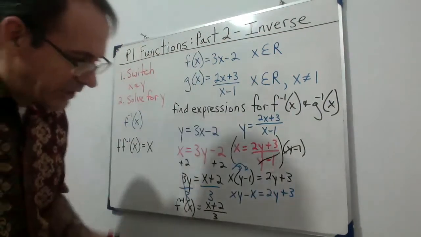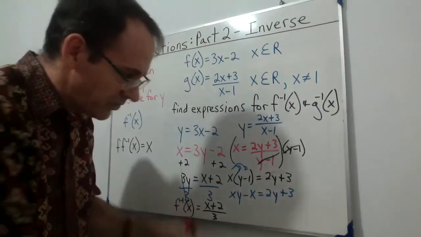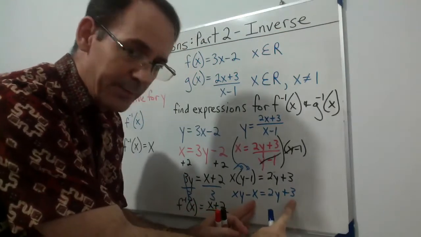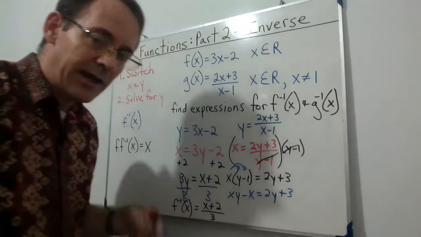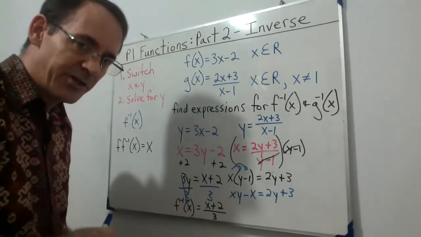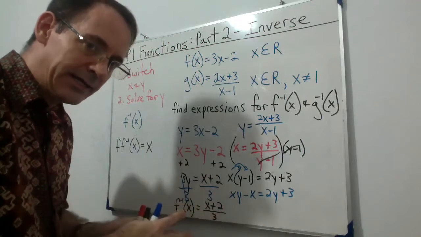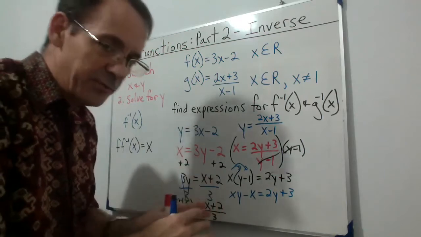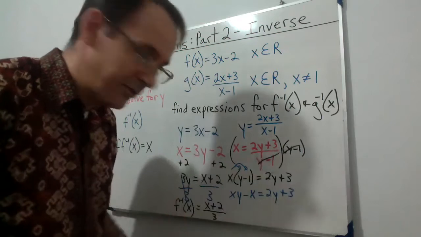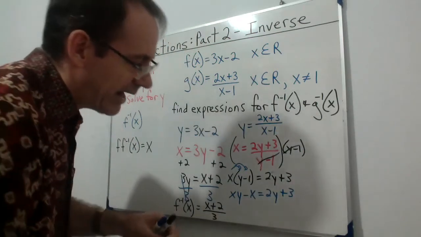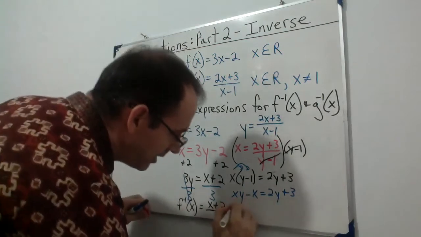Now, at this point, notice that some of our terms have a y in them, and some of them do not. So in order to get y as the subject, we want to get all the terms that have y in it on one side and the terms that do not have y in it on the other side. Okay, so that means we need to subtract this 2y from over here.